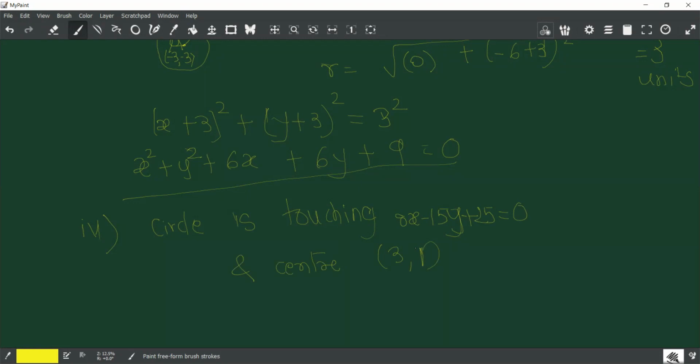Circle is touching this line 8x minus 15y plus 25 is equal to 0 and the center is given as 3,1. Find the equation of the circle.